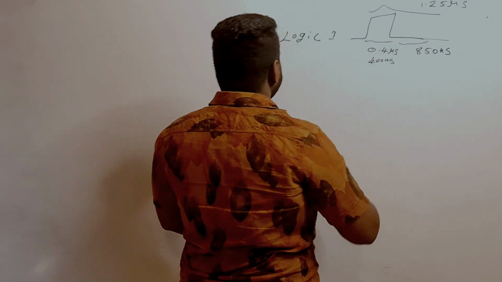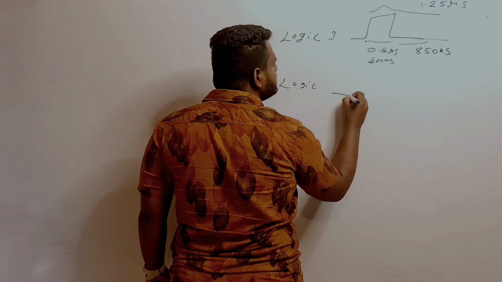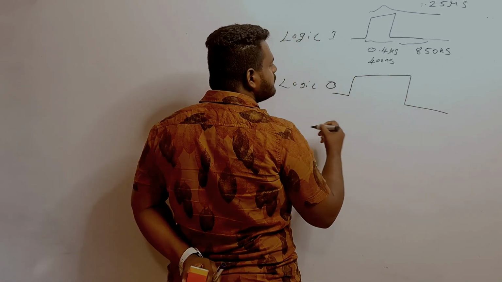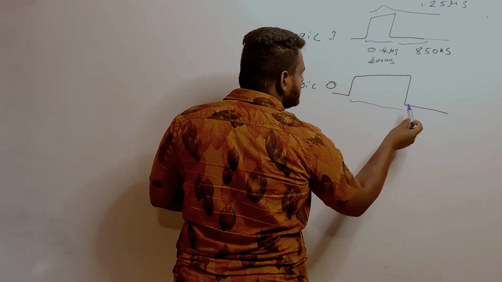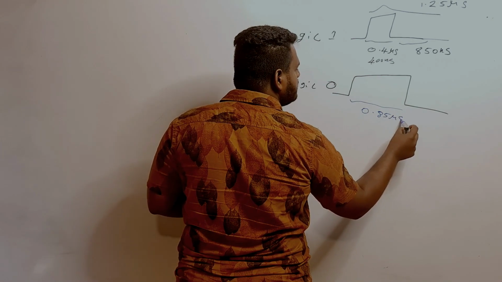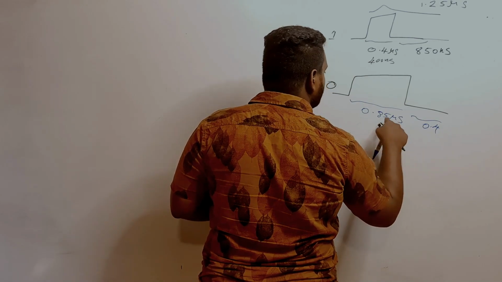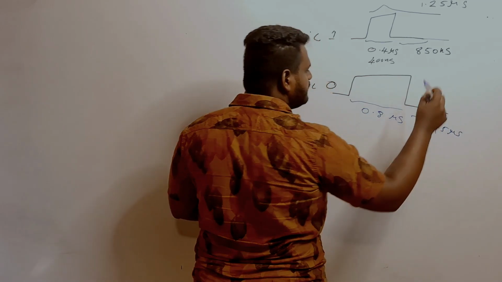So to write this, like this is logic 1, and this is logic 0. I'll talk about this very quickly. Logic 0 consists of 0.85 microseconds, and this one consists of 0.8 microseconds, and this one is 0.45 microseconds.